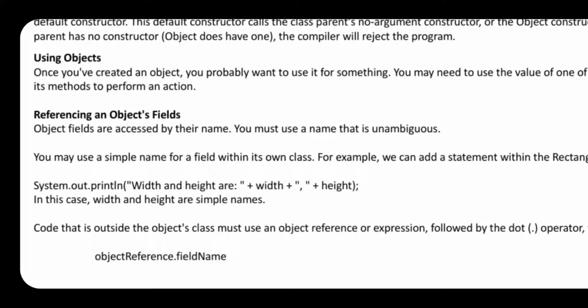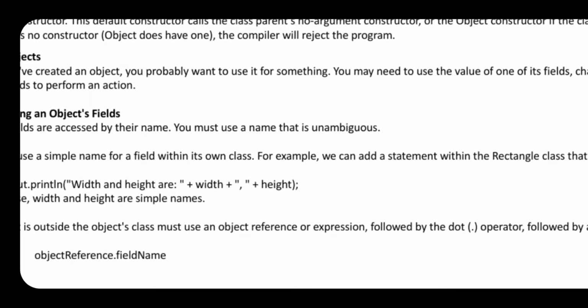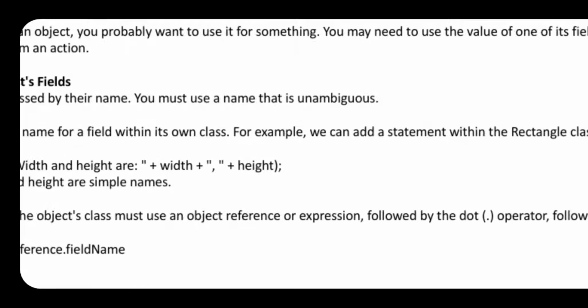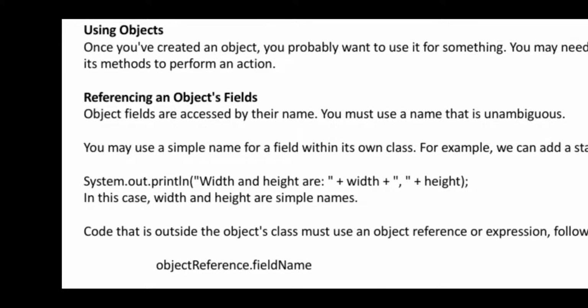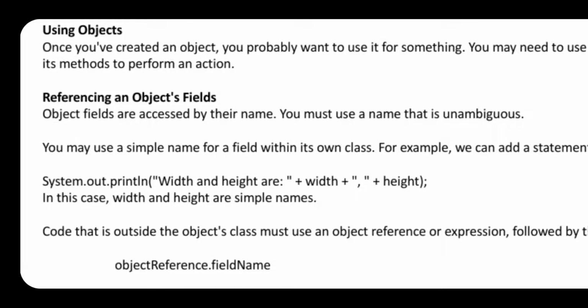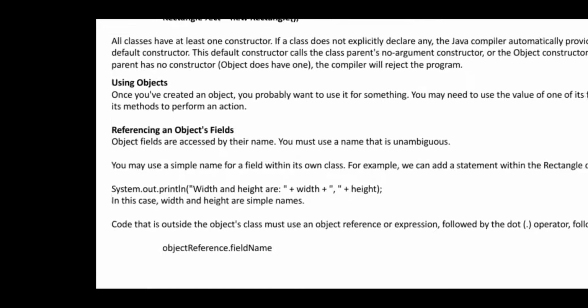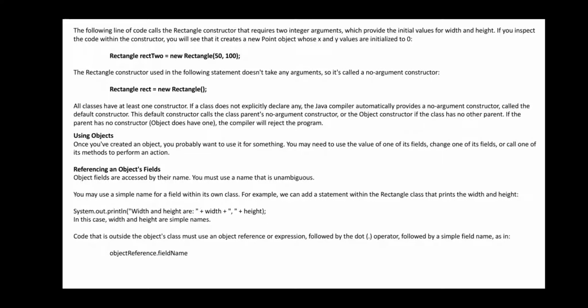Code that is outside the object's class must use an object reference or expression followed by a dot. So you are seeing here object reference dot field name. The object of a class is going to access the field name of the same class itself. So that is called an object reference.